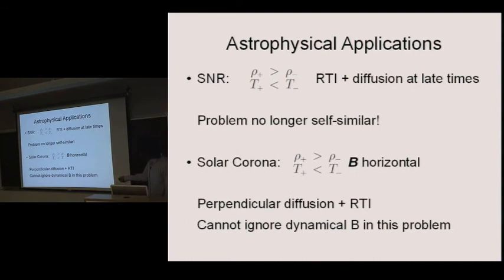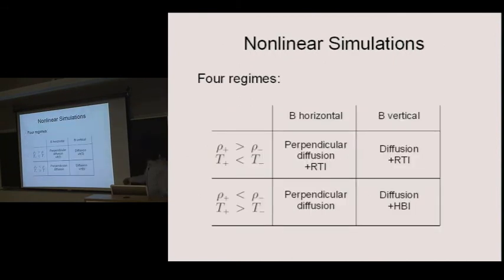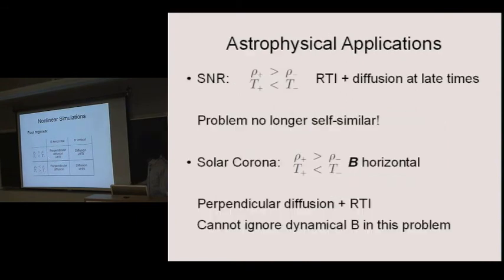so you wouldn't expect to have this nice self-similar solution anymore. In the solar corona, you are also Rayleigh-Taylor unstable, but your field line is horizontal, and by horizontal I just mean that it's aligned with the interface. So in that case, you expect to get some sort of perpendicular diffusion and the Rayleigh-Taylor instability at late times.